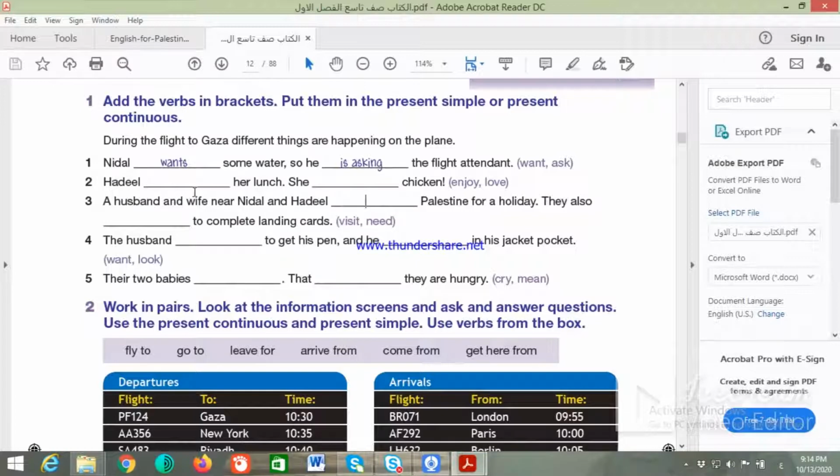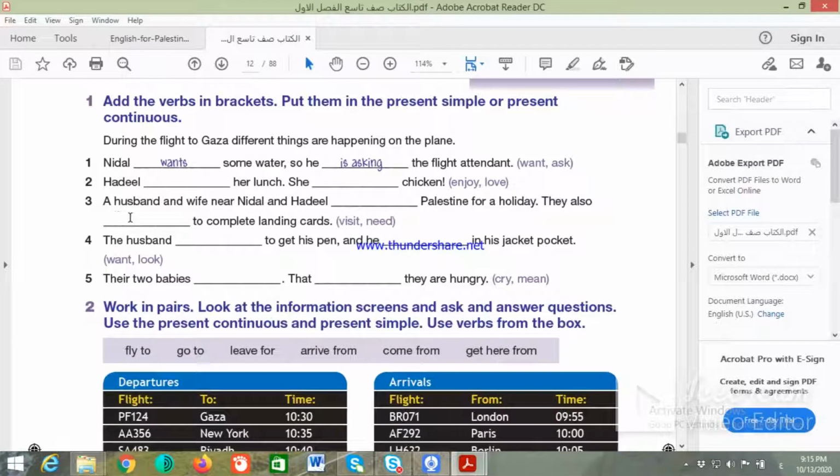Number 1, Nidal wants some water, so he is asking the flight attendant, المضيفة يعني attendant, flight attendant, one and ask. Number 2, Nidal space, her lunch, she space, chicken, enjoy and laugh. Okay, try to answer by yourself. This is not difficult.